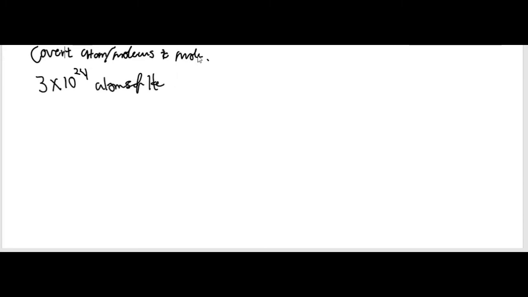So we want to convert it into moles, right? In order to do that, we have to divide it by Avogadro's number. So 1 mole of helium divided by Avogadro's number. Sorry, I forgot.